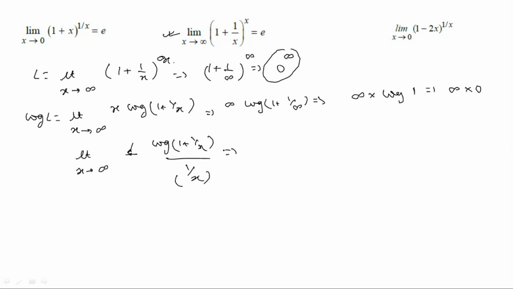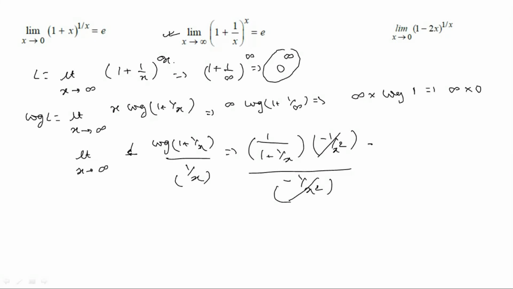That means we have to differentiate numerator and denominator separately. Now the differentiation of log (1 plus 1 by x) is 1 by (1 plus 1 by x) times minus 1 by x square, and the differentiation of 1 by x is minus 1 by x square. This vanishes, and again we put x is equal to infinity: 1 upon (1 plus 1 by infinity, which is 0), that is 1.